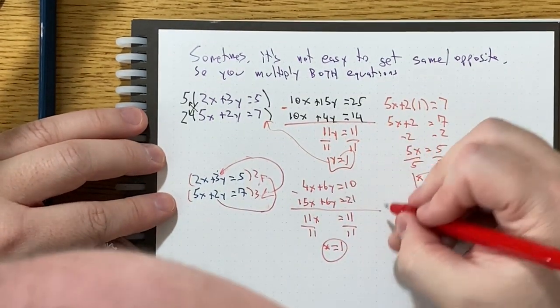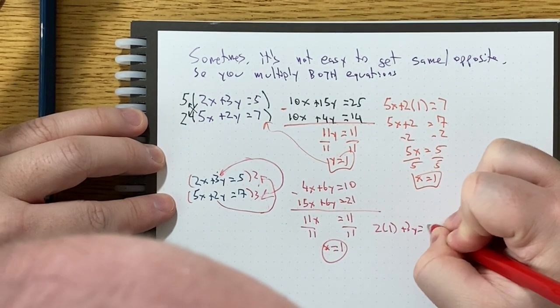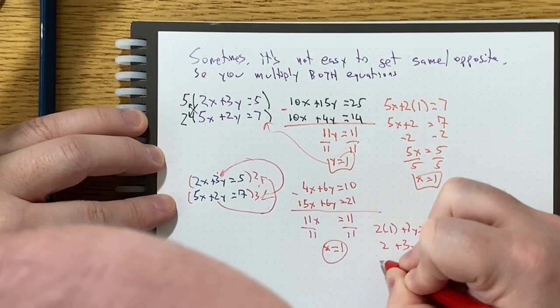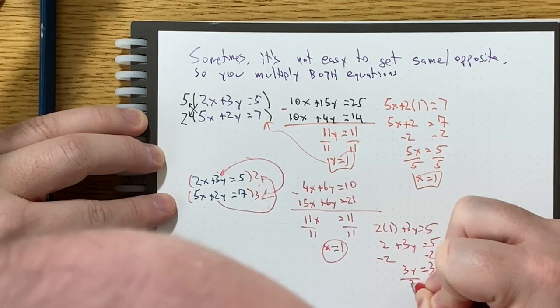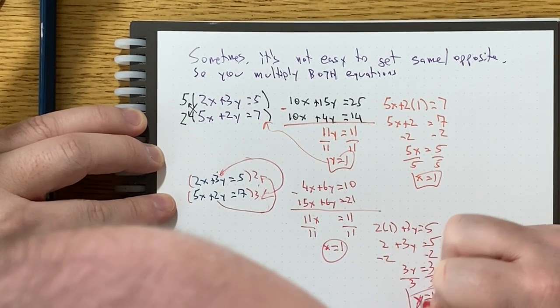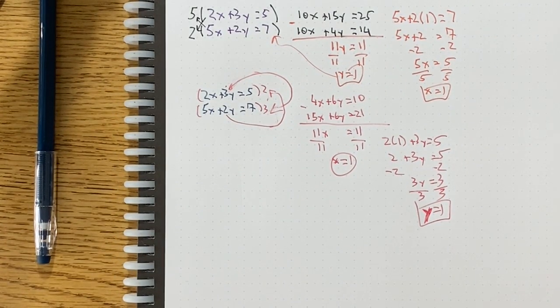Plug it back in, and you would have had 2 times 1 plus 3y equals 5. 2 plus 3y equals 5, minus 2, minus 2. 3y equals 3. y equals 1. Same as we got before. So, doesn't really matter which way you go, just go through what's easiest.